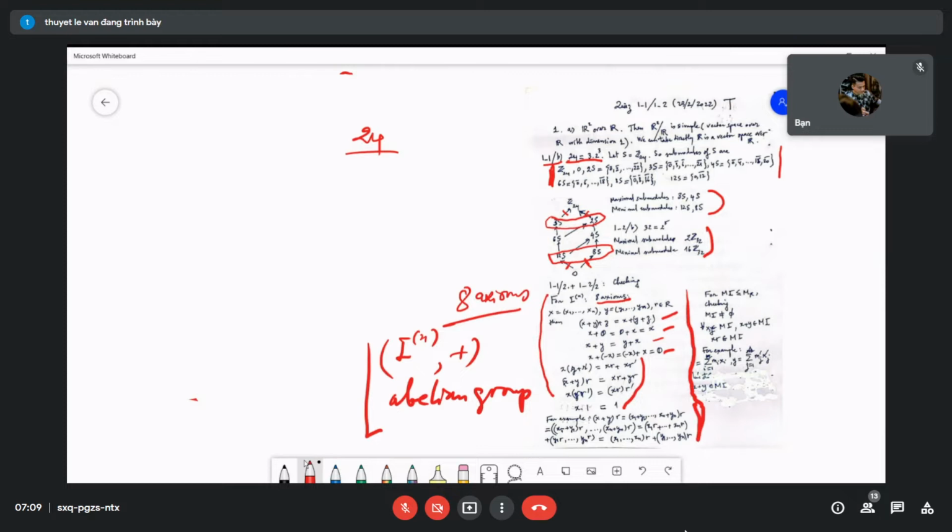And for the submodule, it is very easy to check 3 conditions. The first condition is here, the second is here, and the third is here. So I check one example here. x is equal to sigma here, y is equal to sigma here, and then x plus y is equal to sigma here.